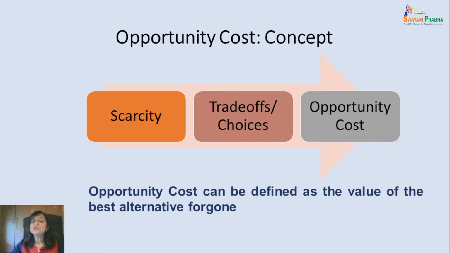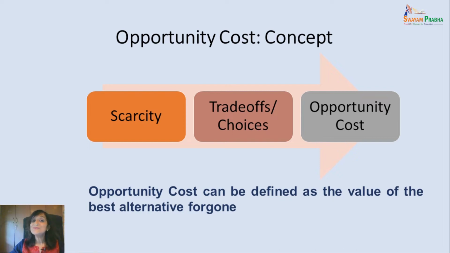That is, you had two, three available choices to you. You could choose only one. For example, you have half an hour with you. You either can go through this lecture, see this lecture, understand the concepts, or you can take a good nap. You can go for a sleep. You choose to come here and understand the concepts of economics.